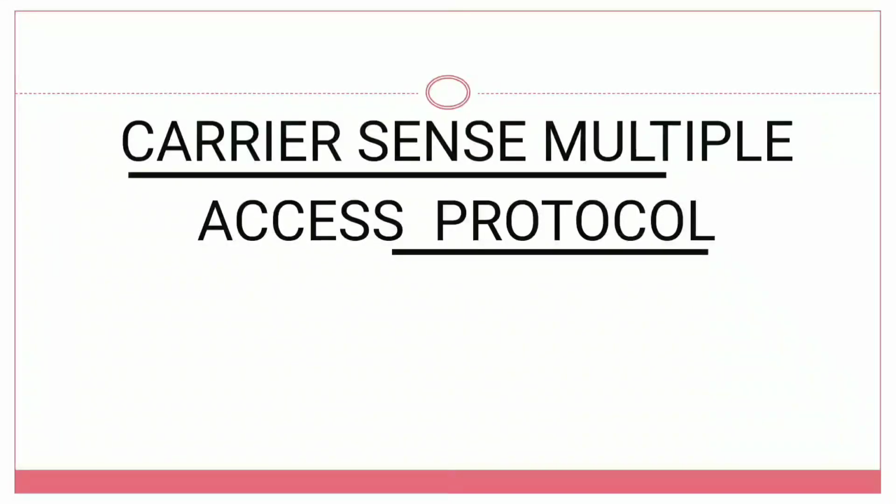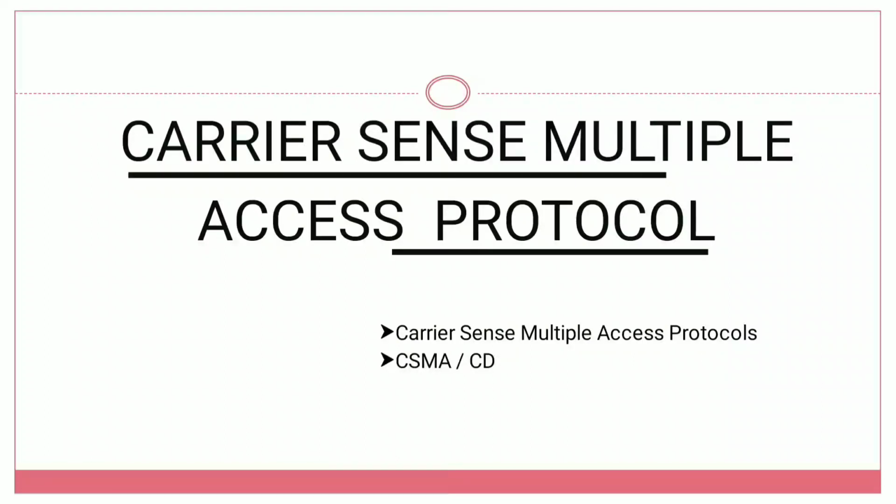In CSMA we have the carrier sense multiple access protocols, CSMA CD, carrier sense multiple access collision detection, and CSMA CA, carrier sense multiple access collision avoidance. In this concept we will discuss all three: carrier sense multiple access protocols, CSMA CD and CSMA CA. First we'll see what carrier sense multiple access protocols are.